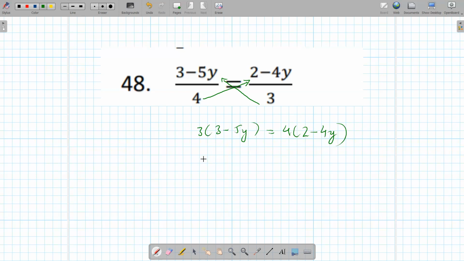Now, if you open the bracket on the left-hand side, what do you get? 9 minus 15y. Right, 9 minus 15y, and on the other side, you get 8 minus 16y. Now what?